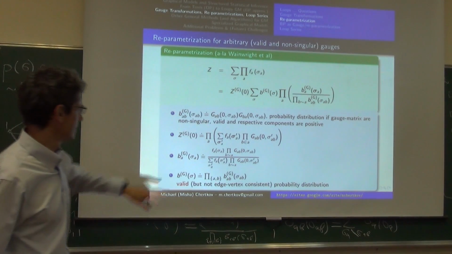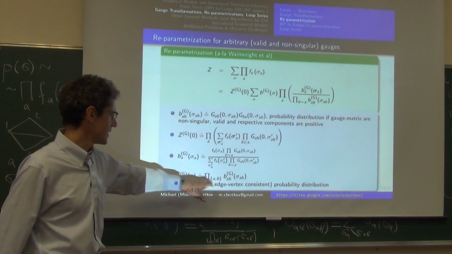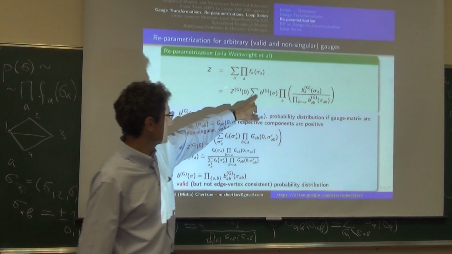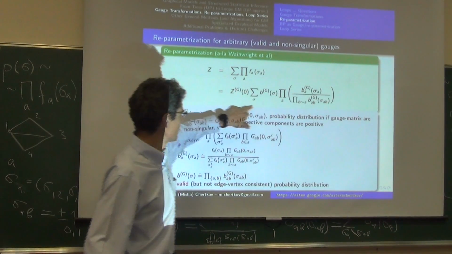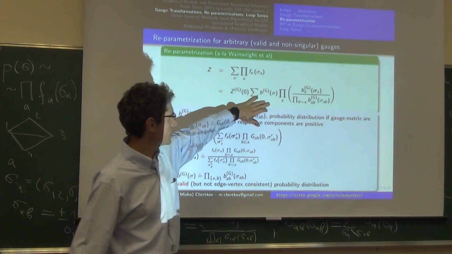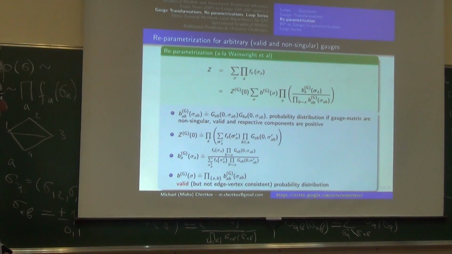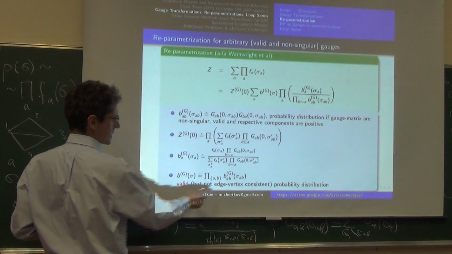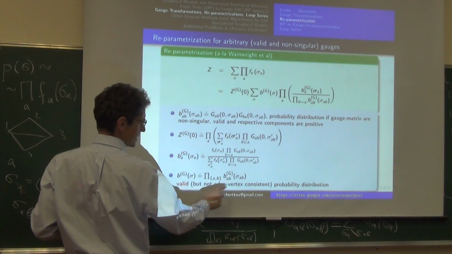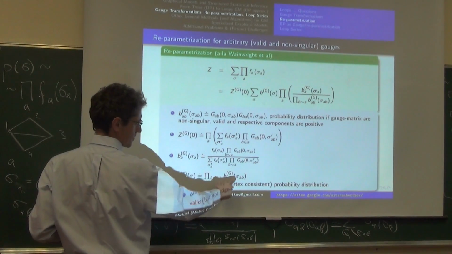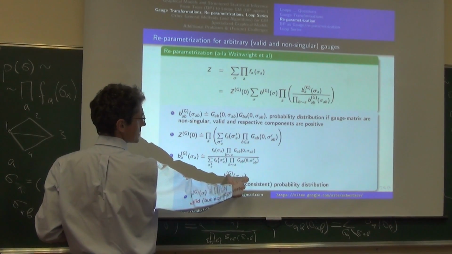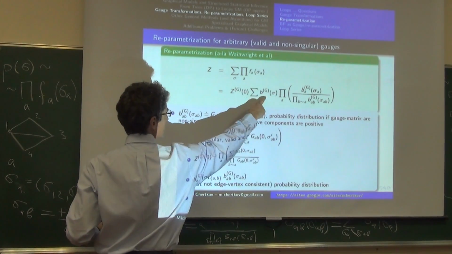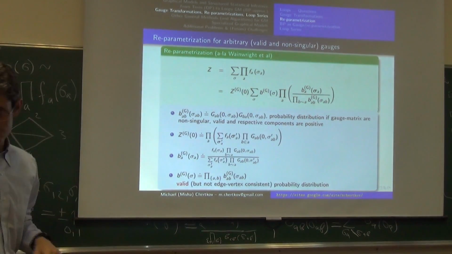But the end result, and the PJ sigma is defined here, is a product of beliefs over edges. The point is that this whole expression I'm getting here can be interpreted. This is a valid probability distribution by construction, because each of those is normalized, and because it's a product, I can think of them as independent. Therefore, I can interpret all of that as an expectation over this probability distribution.